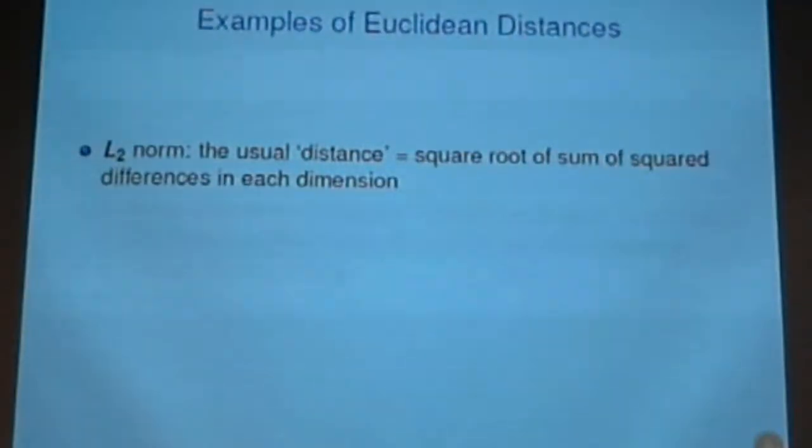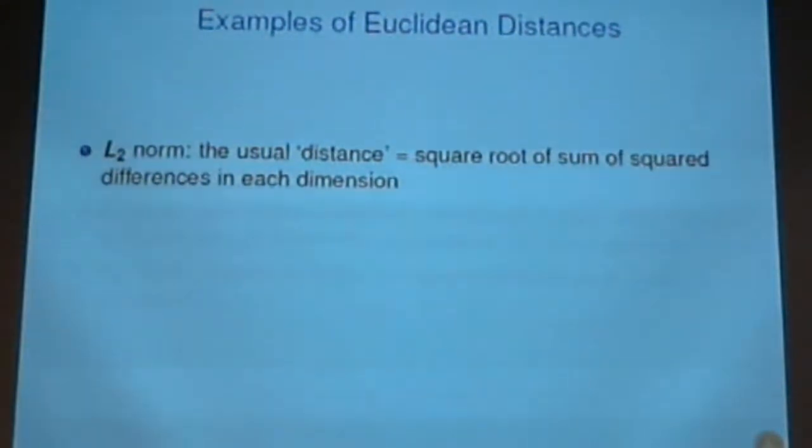Of course, the usual distance is this L2 norm. So you take the square root of the sum of squared differences in each dimension. You apply Euclidean distance on the original data set, where you assume that all the variables are of equal importance.